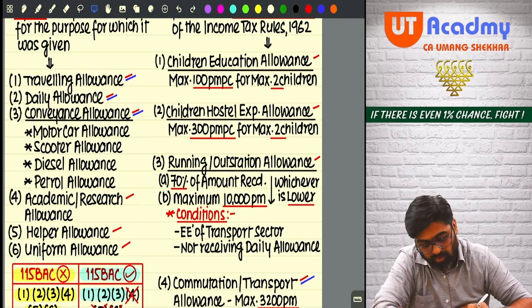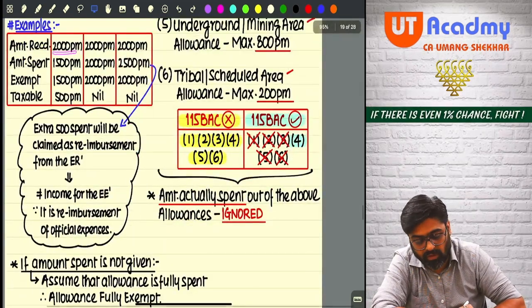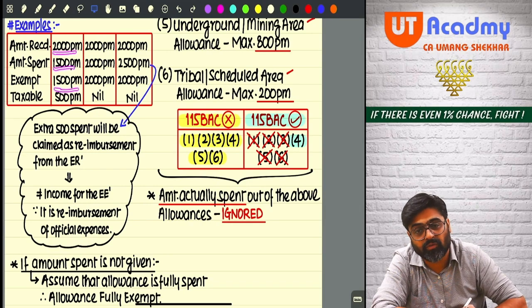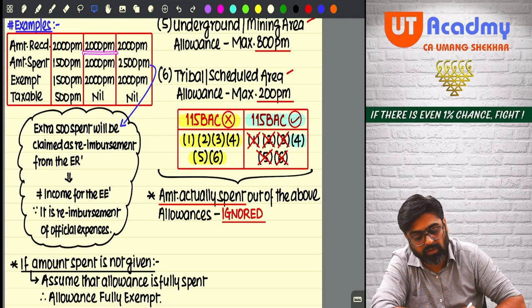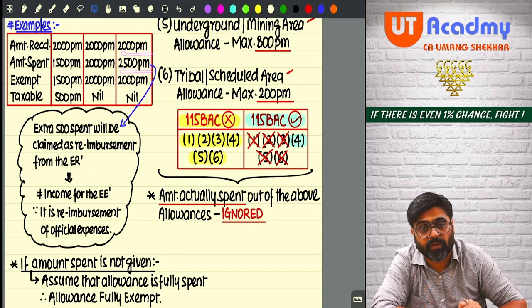So in these six allowances, if the amount received is 2000 and you have spent 1500, how much will be exempt? 1500, and 500 will be taxable. 2000 received, 2000 spent, how much will be taxable? How much will be exempt? 2000. Nothing will be taxable. 2000 received, you spend 2500, how much will be exempt? 2000 will be exempt.